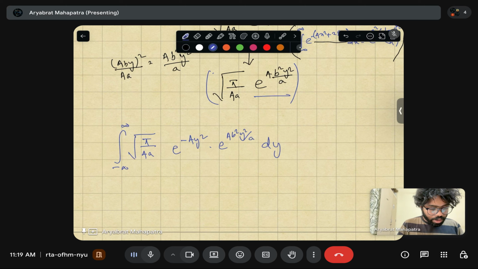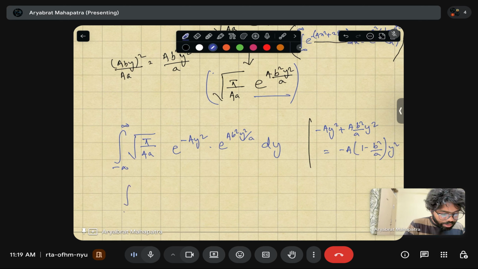And now again, after just a little bit of more simplification, what I can do, you can see I have in the exponent minus a y square plus a b square over a y square. That means I can write it as minus a 1 over b square a y square. And then if I carry out the same integral, similar type of integral I am again getting at the end.